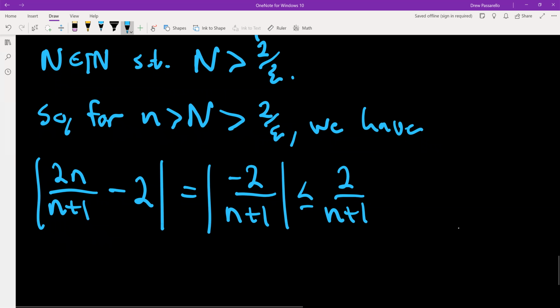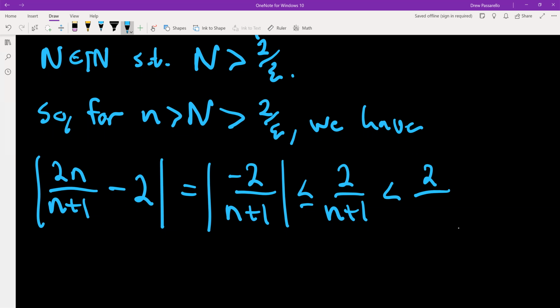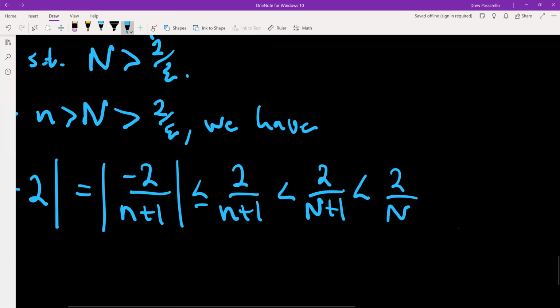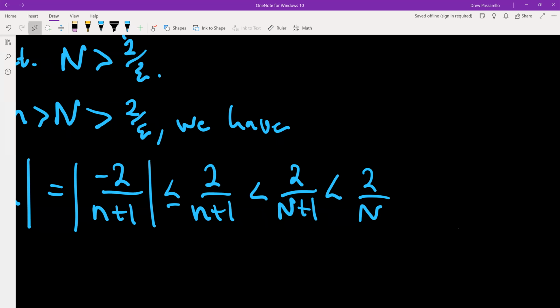And this is less than 2 over capital N plus 1, since little n is bigger than capital N. And then this is less than 2 over capital N, since you're dividing by a smaller quantity with the 2 over capital N versus the 2 over capital N plus 1. So the number 2 over capital N is bigger than the number 2 over capital N plus 1.